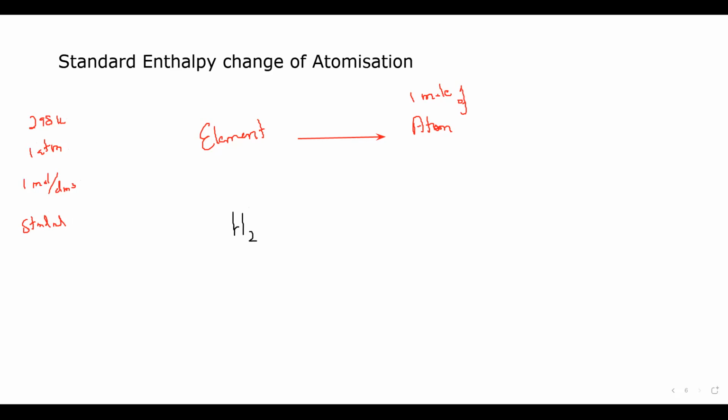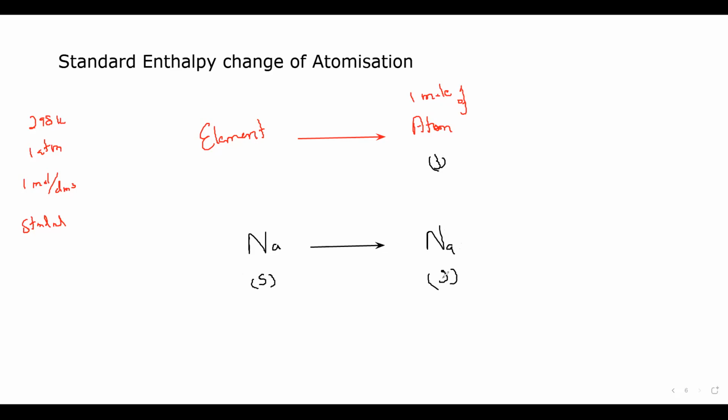So when we produce 1 mole of atoms in a gaseous state, or start with a simple example, say we have sodium. Sodium exists as a solid. We supply energy so that we can produce sodium atoms in a gaseous state, because the concept of atomization is the energy required to produce the atoms in a gaseous state.